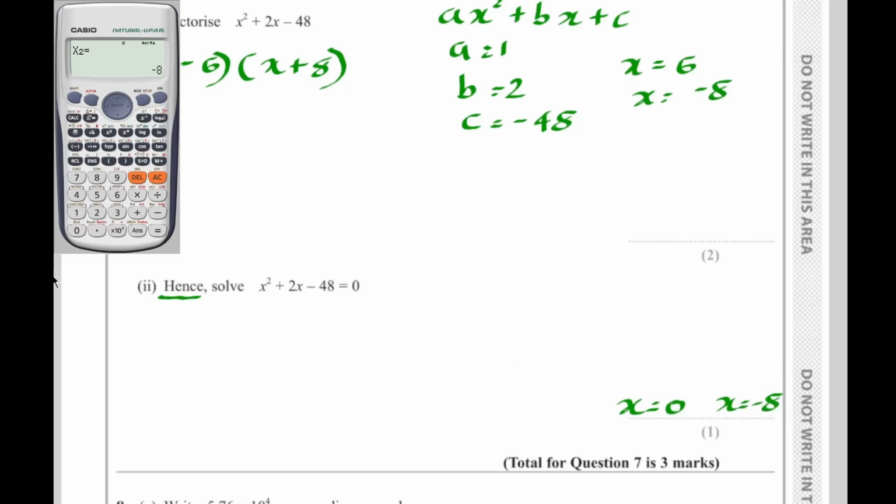Answers to be written here, solve part. Solve means you are asked to give the answers. Calculator is giving us the answers. We are converting them into factors. So just simply write these two factors because hence is given there. Equals 0. Right, that's it.